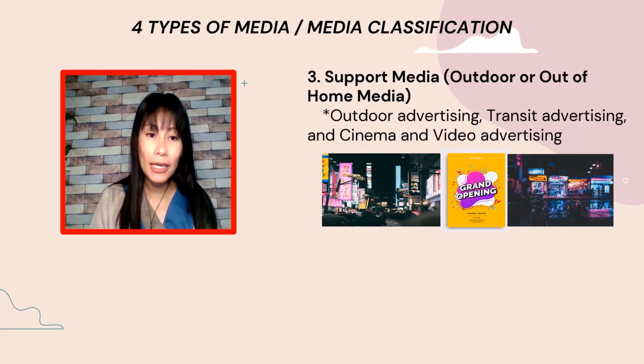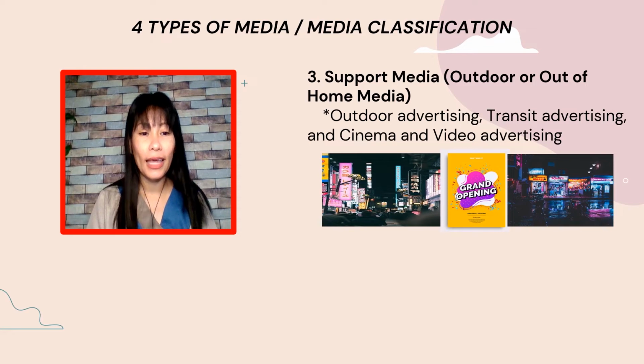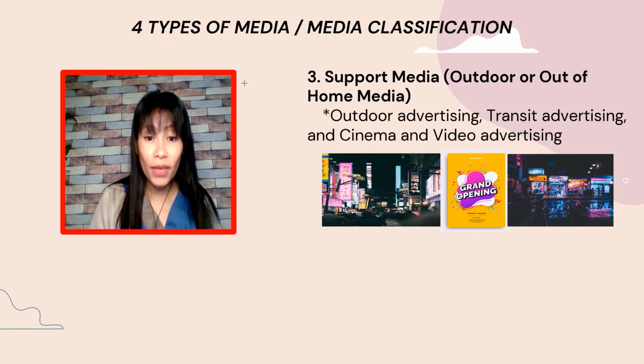We can see some safety measures that could help us or that inform us what we need to do when riding on that vehicle, something like that. And also cinema and video advertising. So these are the billboards, no?